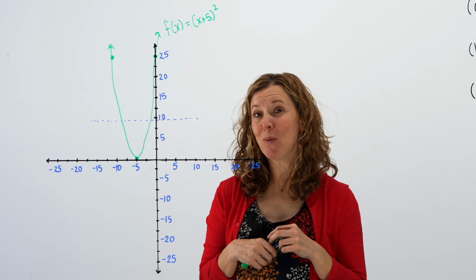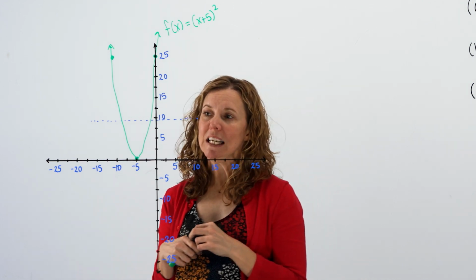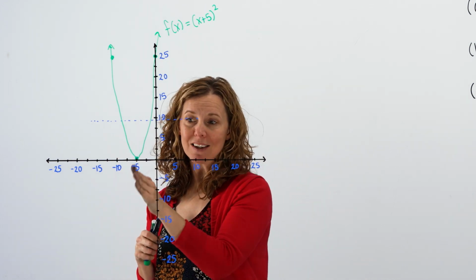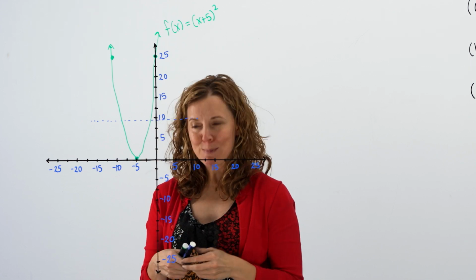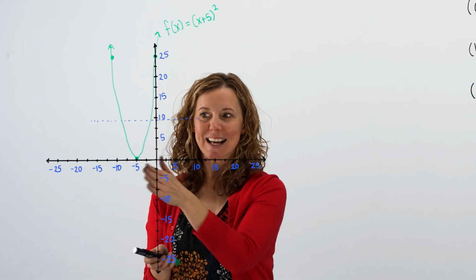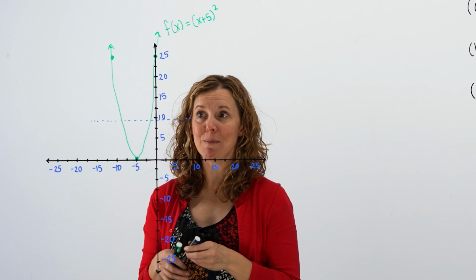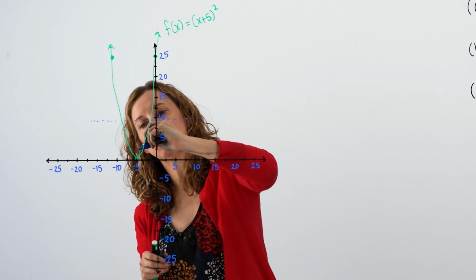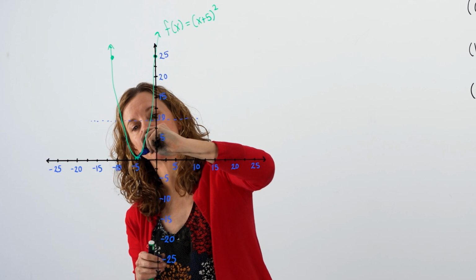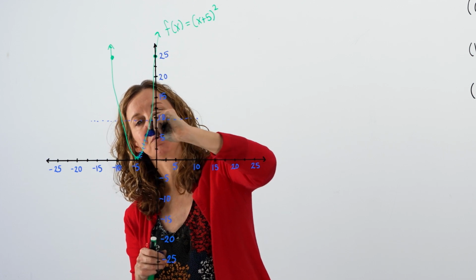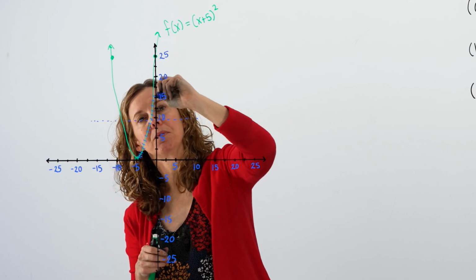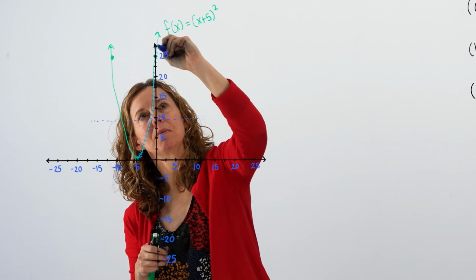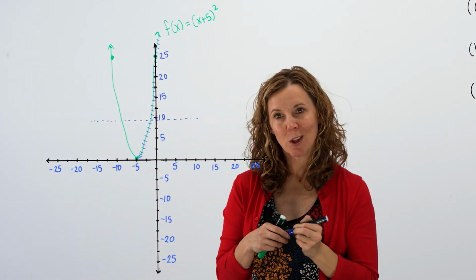Well, there's really 2 ways we can do it. We could either work to the left of the vertex or to the right of the vertex. Generally speaking, I think it makes sense to work to the right to keep values as positive as possible. So perhaps we just take this portion of our function.